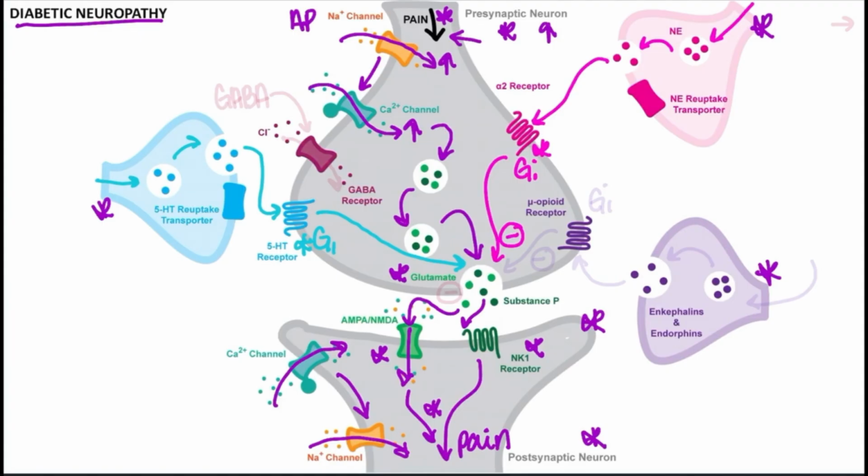So indirectly, the release of these neurotransmitters from these inhibitory neurons can also act upon local interneurons, activating them to release things like specific enkephalins and endorphins, which remember are endogenous opioids that will bind opioid receptors like our mu-opioid receptors on our presynaptic nerve terminals, which are also going to be coupled to Gi and inhibit that neurotransmitter release downstream.